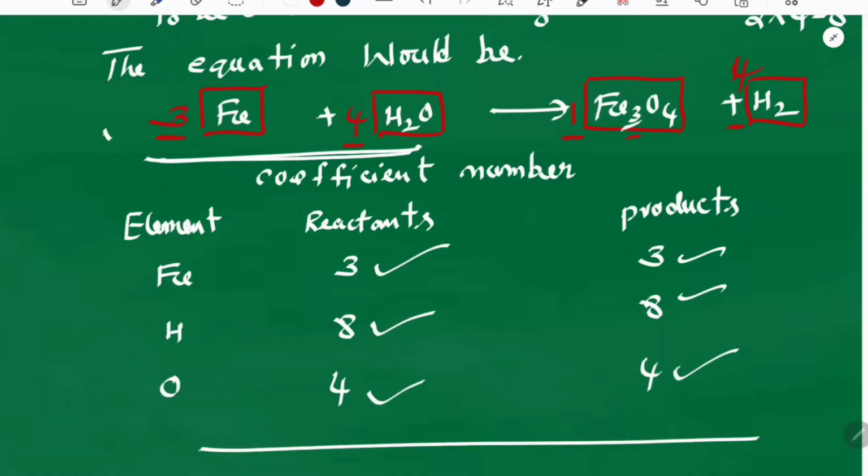According to the law of conservation of mass, the number of atoms on the reactant side and the product side are the same. So this equation is a balanced equation. What do we call this equation? Balanced equation.